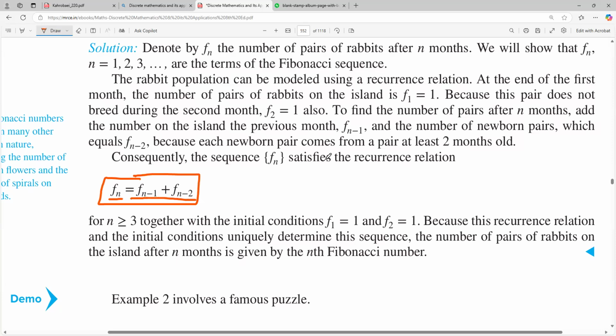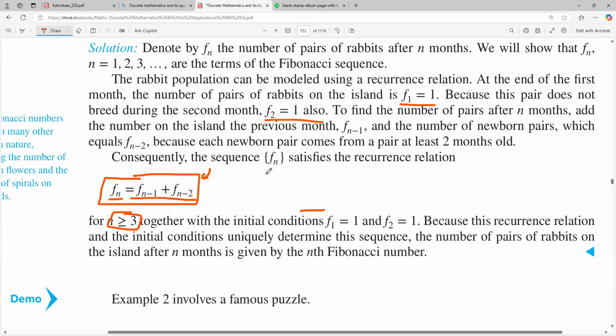So you're going to have two parts. You're going to have the recurrence formula, and you're going to have base cases. You need a base case. In this case, they have F1 is 1, F2 is 1. So it's going to be for all n greater than 3. So we can use this formula to then get any value for n later on.